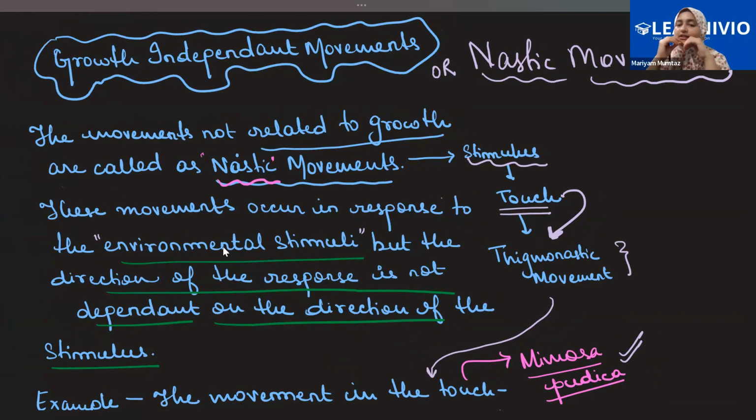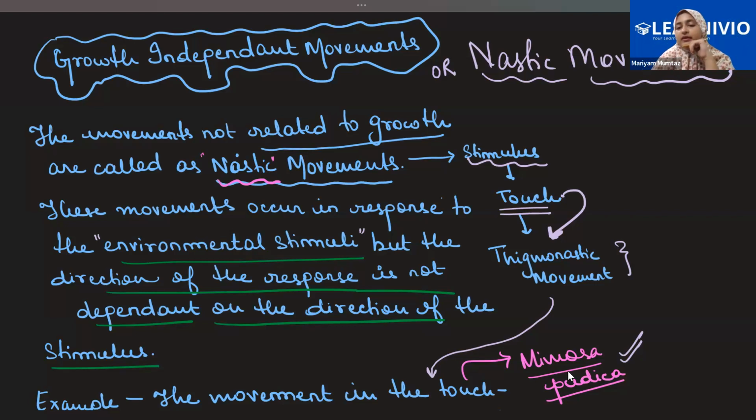Meaning from where the stimulus comes from. Once the stimulus has been provided, a response is generated. Now when the response is not dependent on the direction of the stimulus, then that kind of movement in plants is known as a growth independent movement or nastic movements.